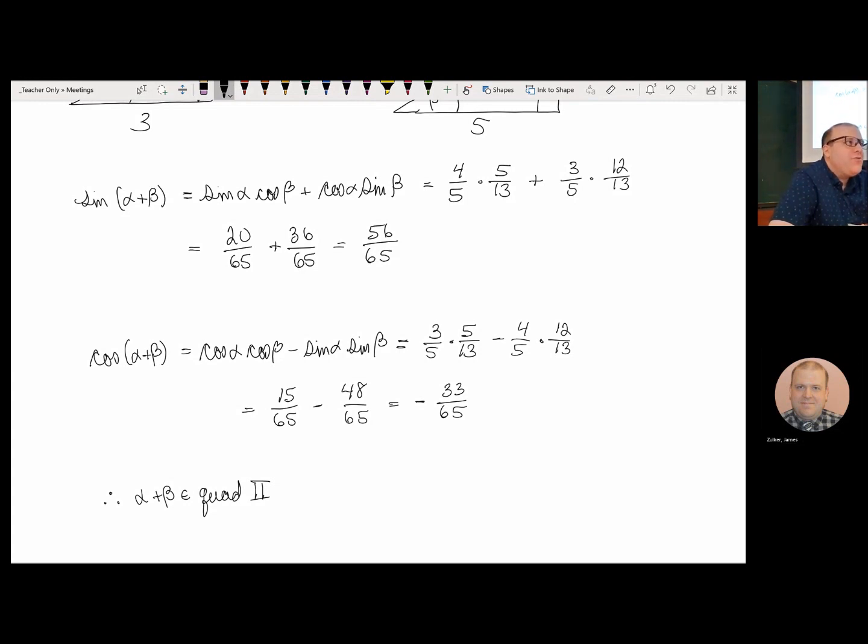If you add two quadrant 1 angles, it can't be in any quadrant other than 2. Oh, I'm sorry, no, it can be. Alpha and beta are quadrant 1, so alpha plus beta is quadrant 2.